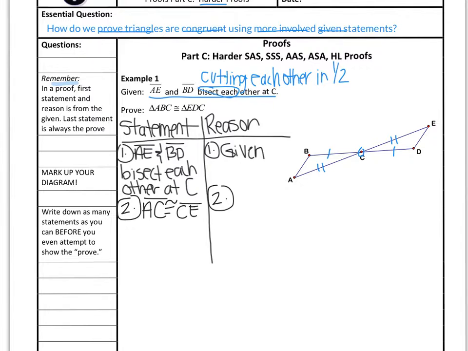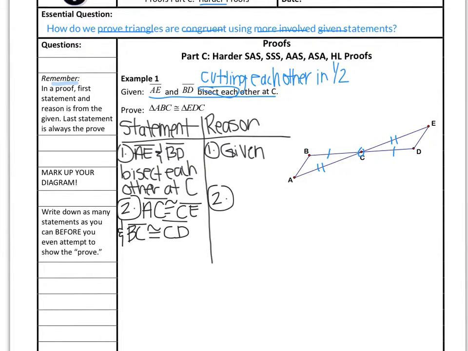And since we're using bisector as the reason for both of these, we can put them on the same line. We can say and BC is congruent to CD. Do you see how I gave them each one set of tick marks for the one pair of congruent sides, and then two tick marks for AC and CE to show that those are congruent to each other but not congruent to the other two pieces.